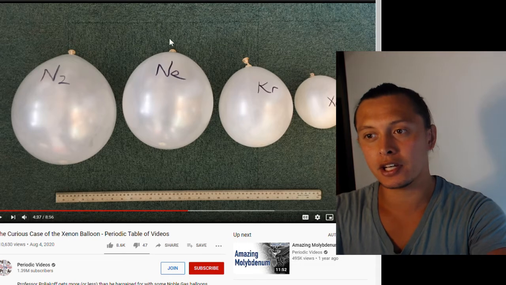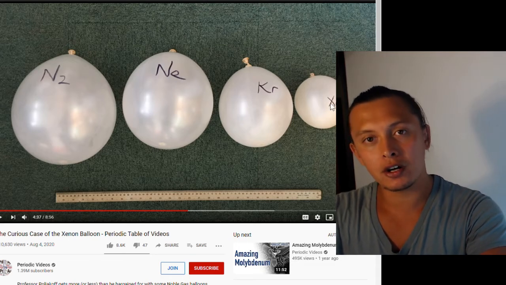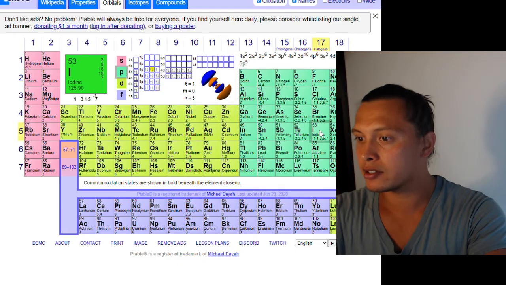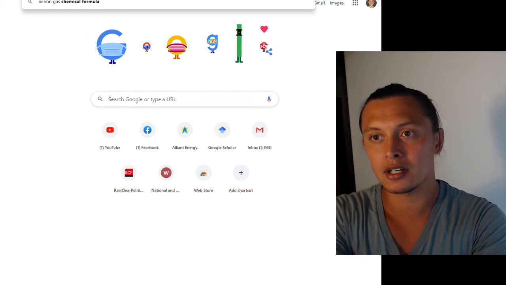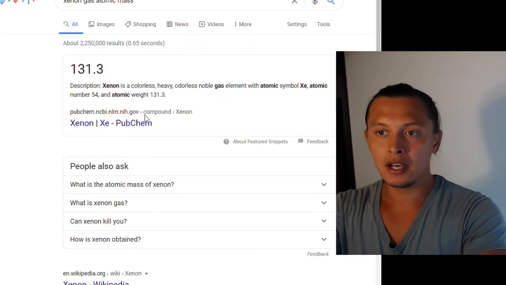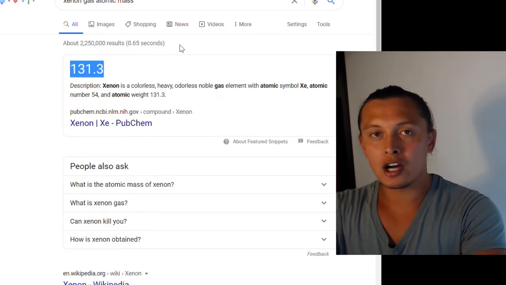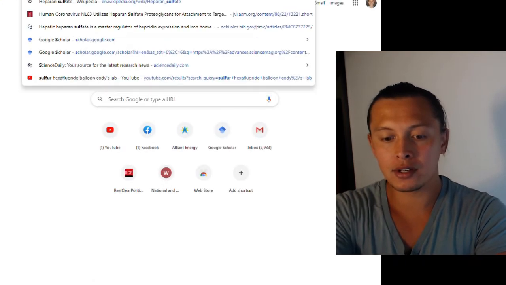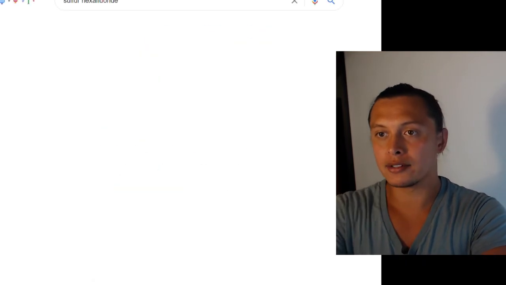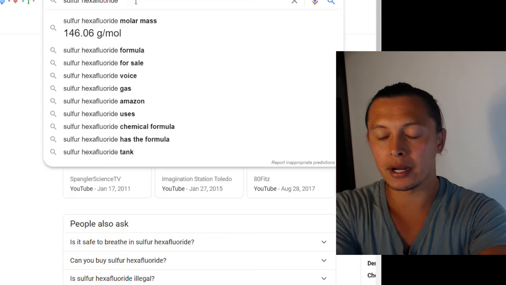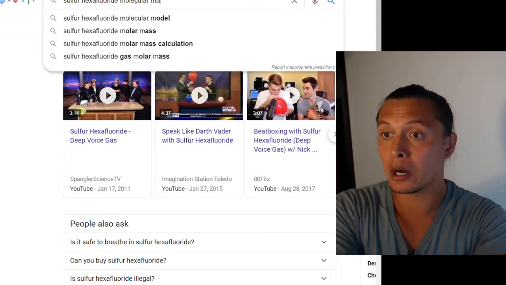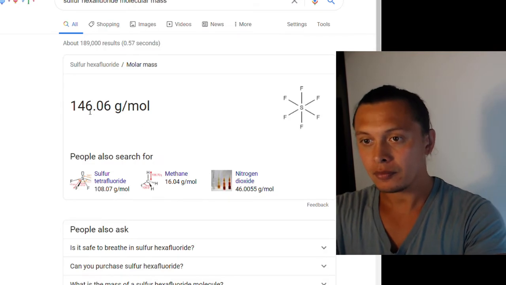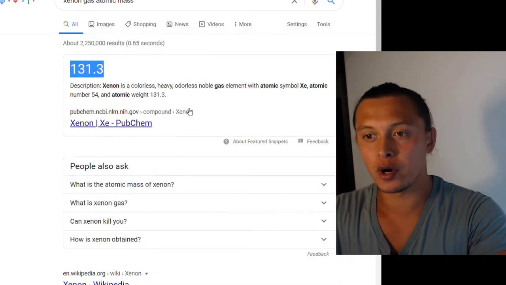So with this particular video, the larger the molecule that we had, and xenon's atomic mass: xenon's atomic mass is 131.3, whereas sulfur hexafluoride's molecular mass is 146 grams per mole.